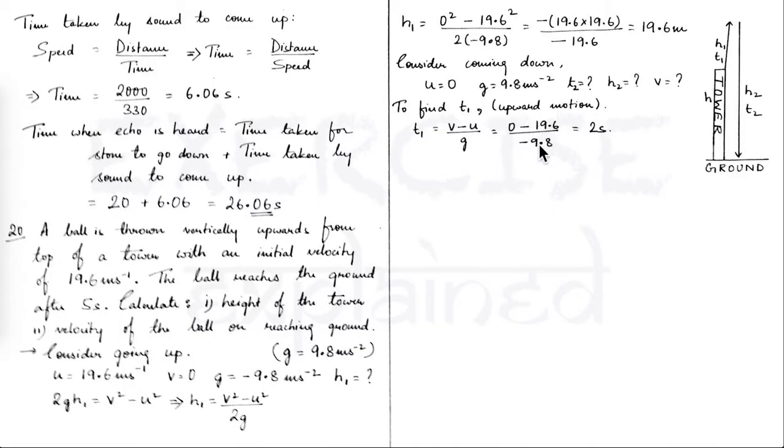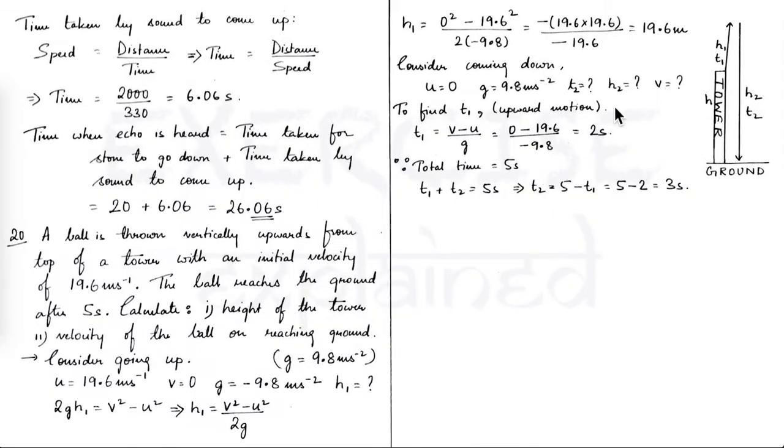Minus minus cancels, and 9.8 into 2 is 19.6. So we get t1 as 2 seconds. Now if t1 is 2 seconds and total time is 5 seconds, t2 will be 5 minus t1, that is 5 minus 2, equal to 3 seconds. So it takes 3 seconds to fall from here till here.